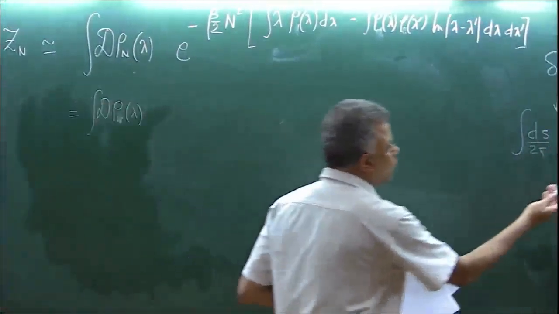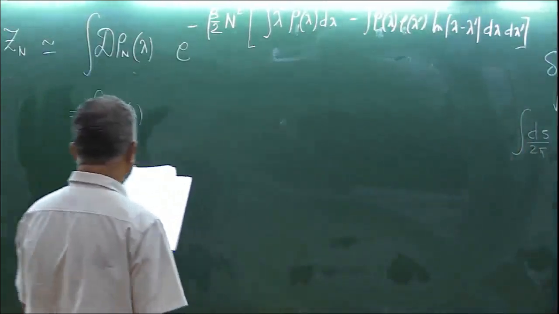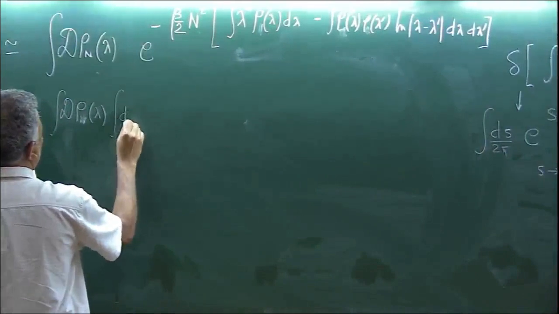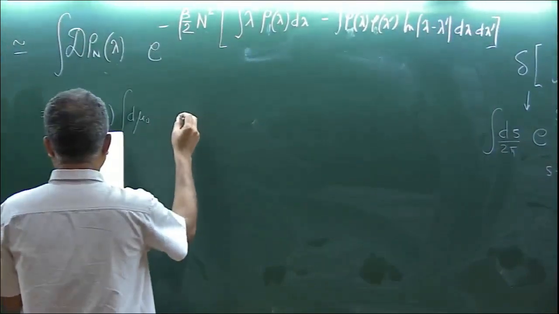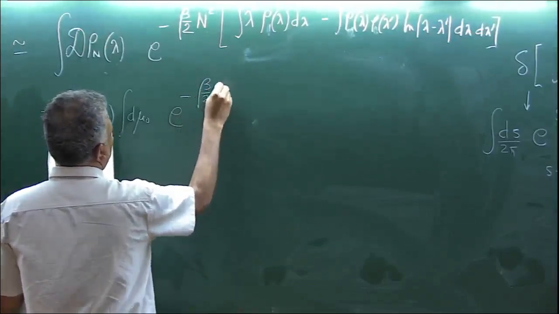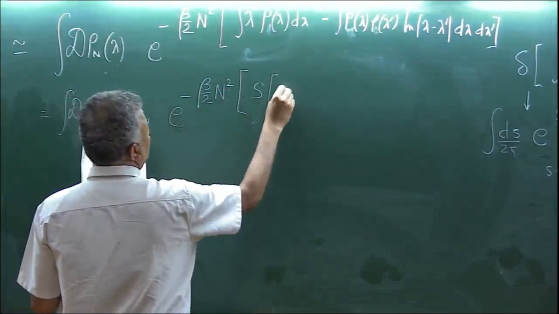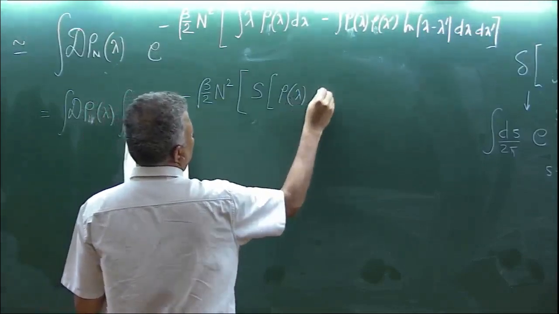Let's say mu 0 times n square. I'm not keeping track of factors outside, so it's not really important. This is an integral with some action, which depends on this rho lambda and this mu 0.